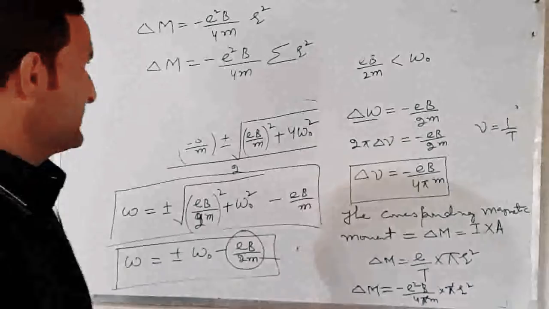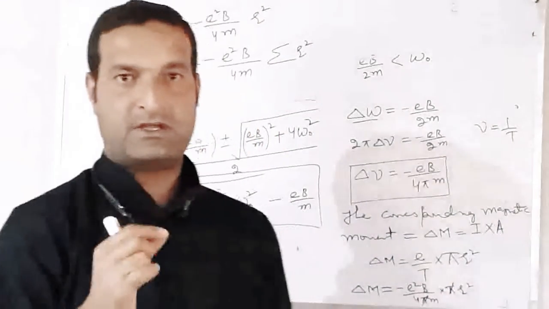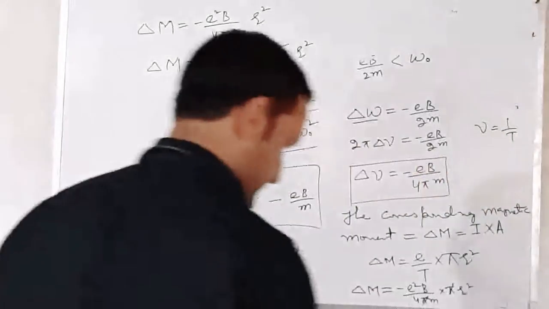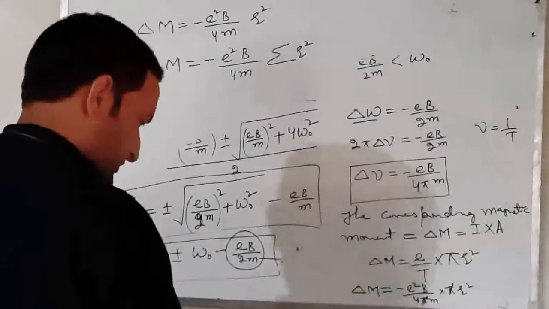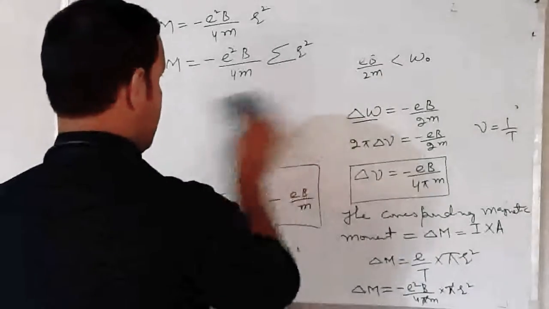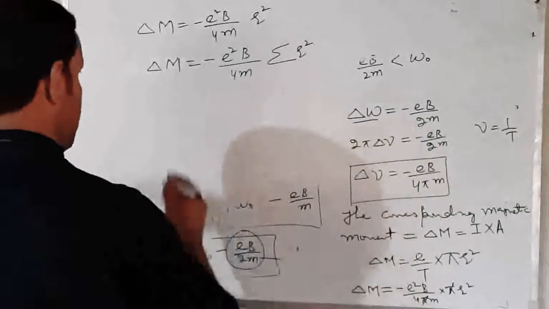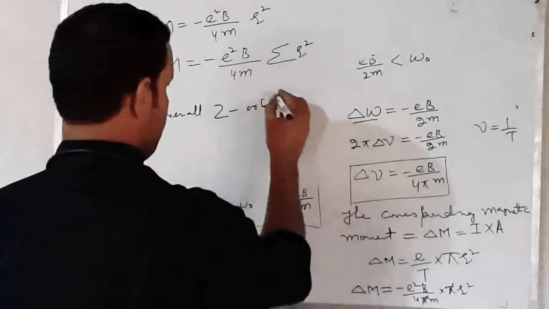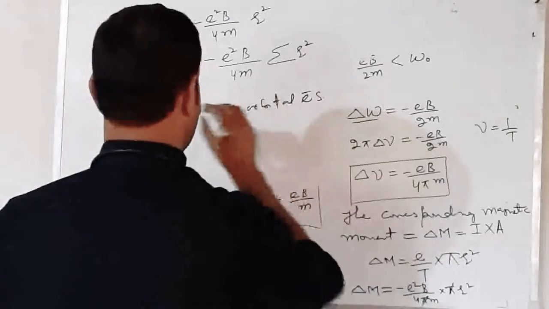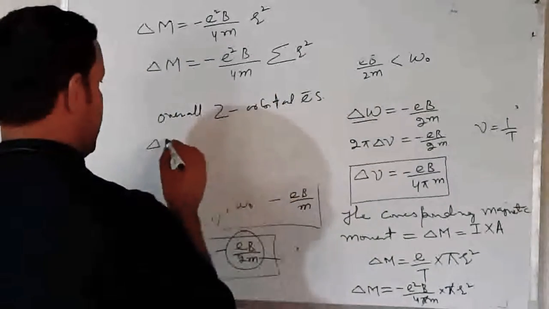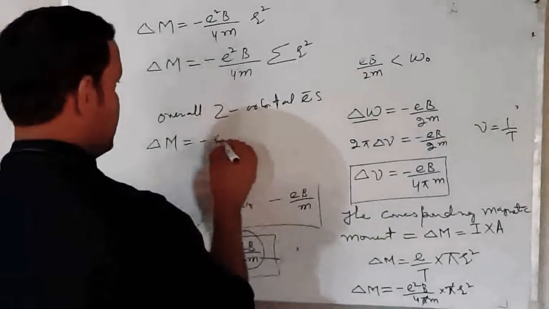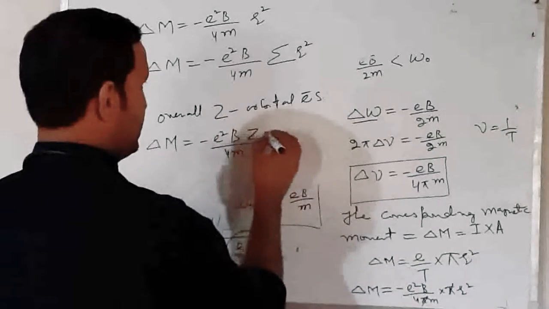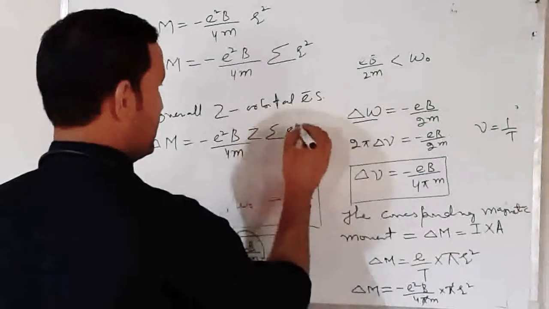If it is summed for all the electrons present in the material, over all Z orbital electrons, this can be written as delta m equal to minus e square B upon 4m Z r square.